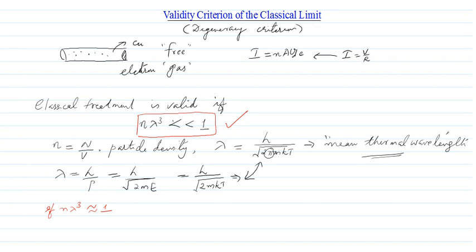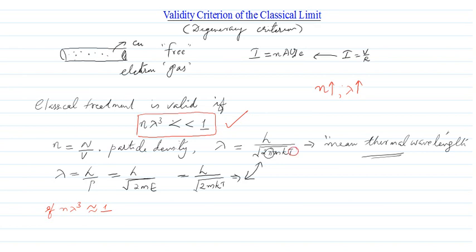How can n lambda cubed increase? For n lambda cubed to increase, either n should increase or lambda should increase. And how can lambda increase? Lambda is inversely proportional to the square root of the temperature.